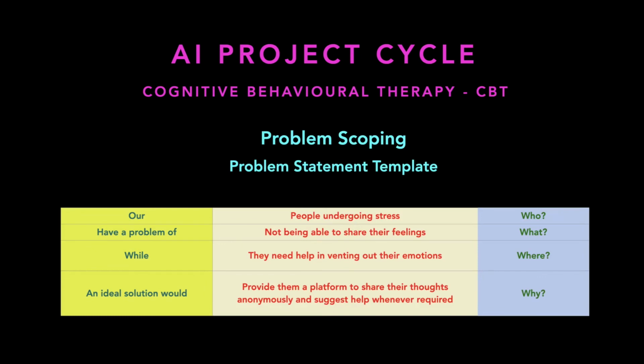So after doing that 4W canvas, we are having these answers. Now this statement you must already be knowing because you have already studied. Now let us read this template.